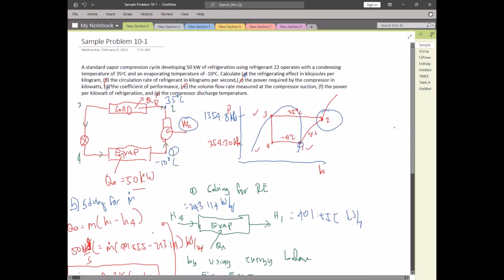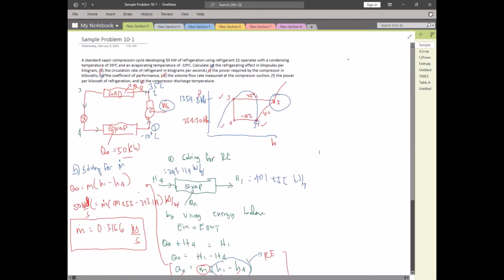The discharge temperature can be seen on the TS diagram. So we will convert this PH diagram into a TS diagram. So this is point 1, and point 2, at constant entropy, raising temperature, raising pressure.